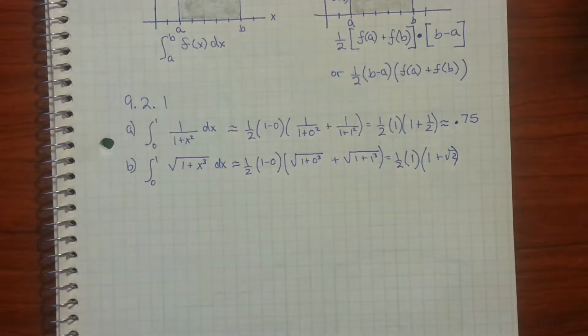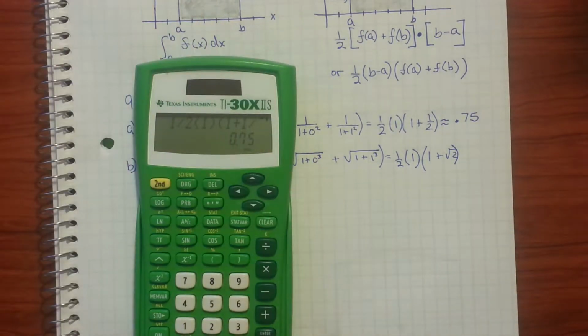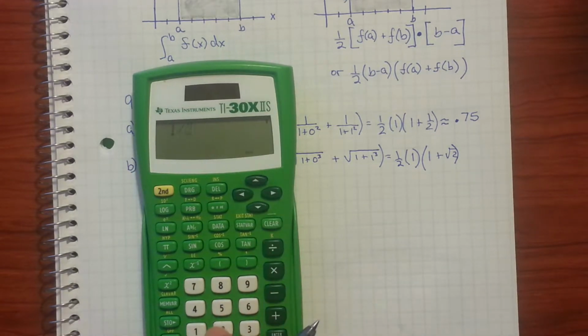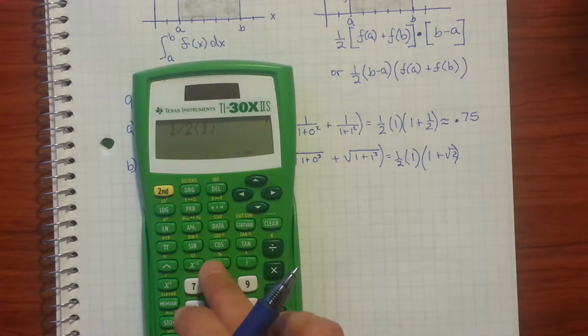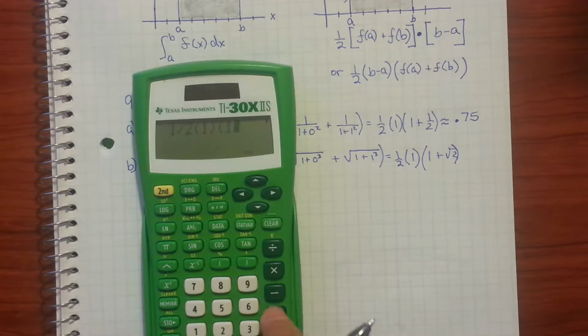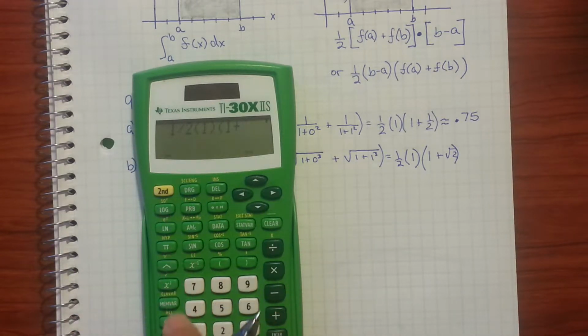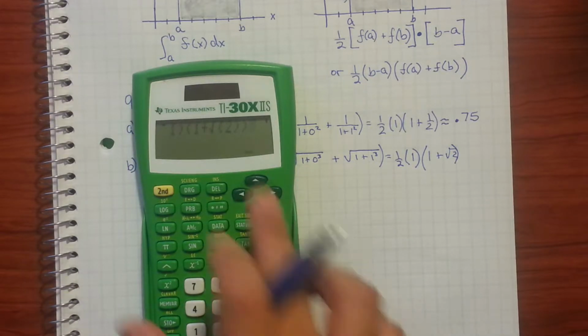Close. So in the calculator here, 1 divided by 2, parentheses 1, close, open, 1 plus radical 2. Where's that one? Okay, it's here on this one. Radical 2, close, close there.